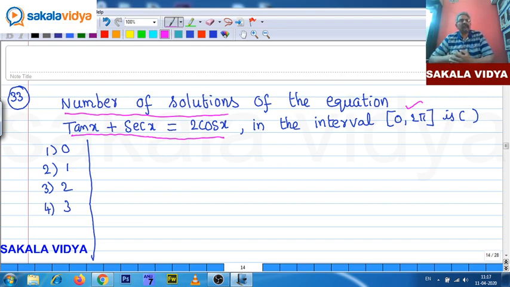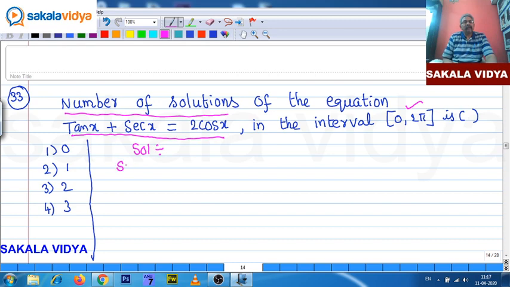Sometimes solutions may not be required; with the help of a graph also we can do it, but the graph of this problem is difficult, so we need to solve it and count the number of solutions which lie in the stipulated interval 0 comma 2 pi. So this strategy needs to be followed. Let us solve now.